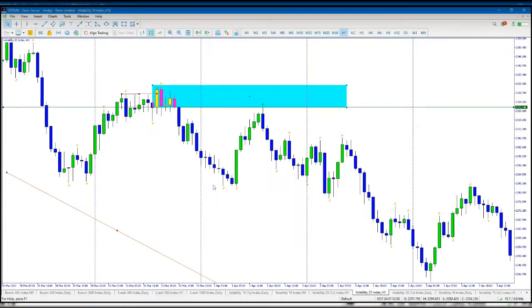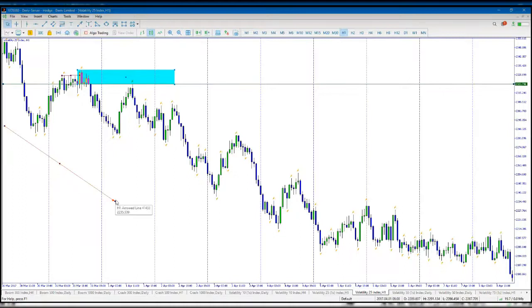See guys, see that thing. See that smart move, guys. And then price came down. It's in fact no drawdown at all. And then came down to create a new low.